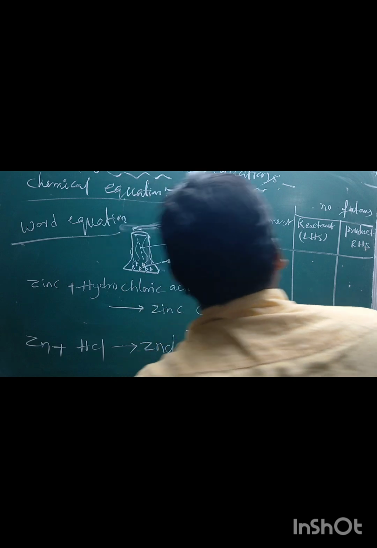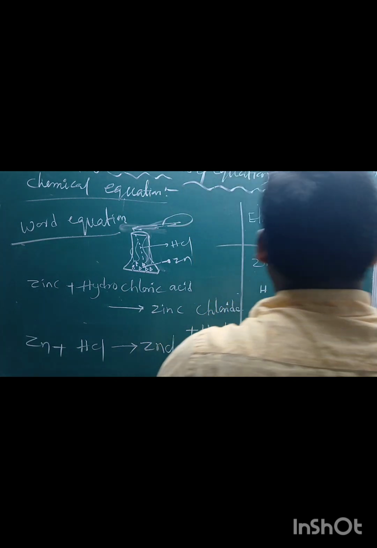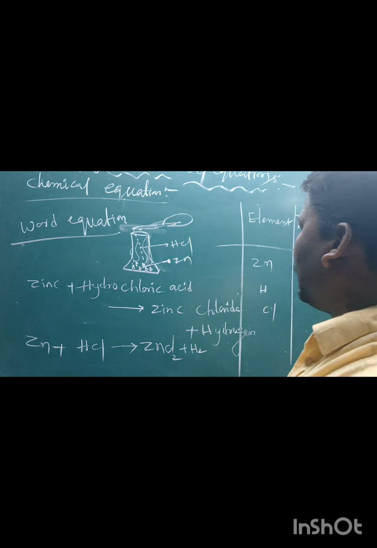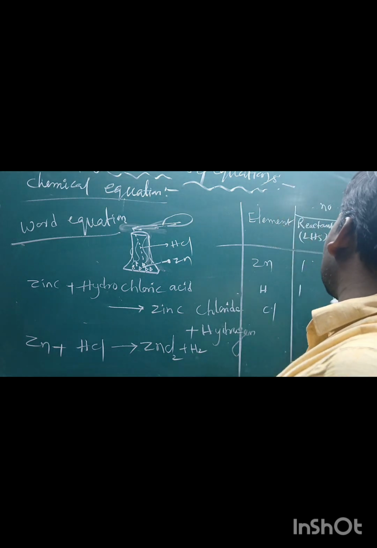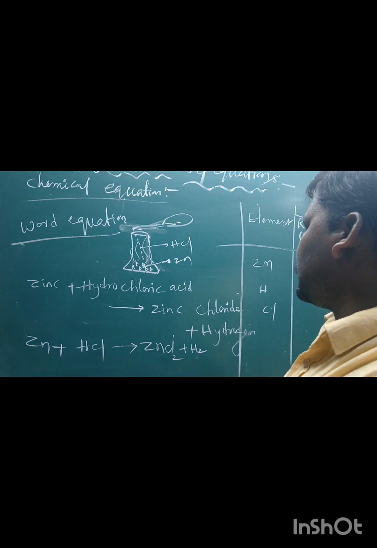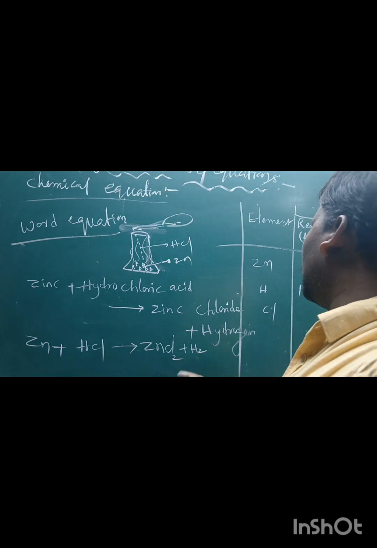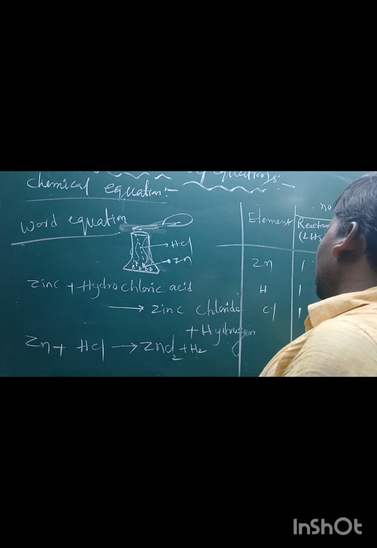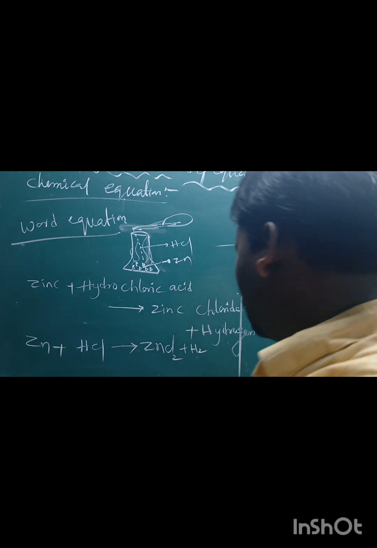On the reactant side, how many atoms are there? 1 zinc; the product side also has 1 zinc. Reactant side has 1 hydrogen atom; product side has H2, so 2. Next, how many chlorines on the reactant side? 1. Product side, 2.